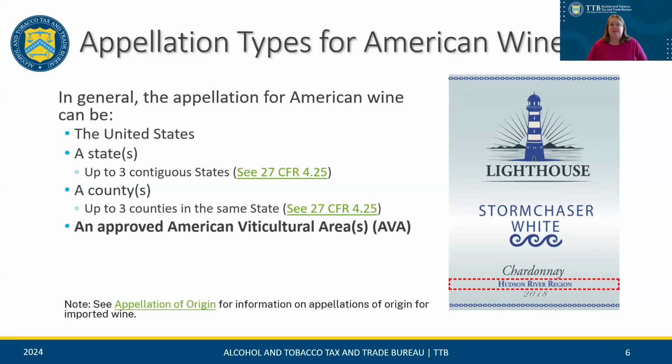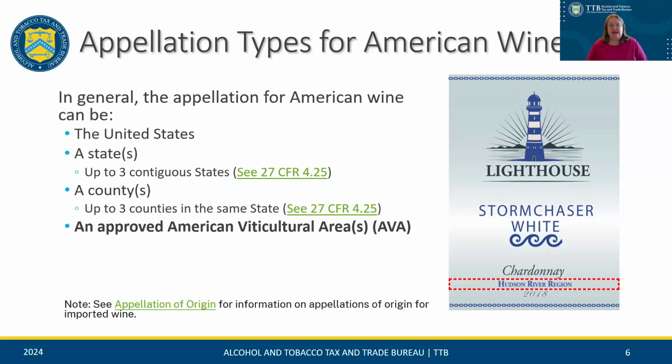There are four main types of appellations of origin for American wines. The first is the country, which is, in this particular case, the United States. You can also use the name of a state or up to 3 contiguous states in the U.S. You could use a county name or up to 3 counties that are all within the same state.